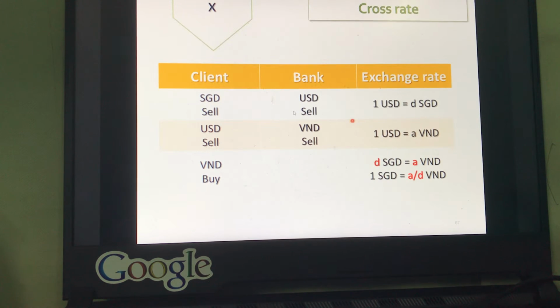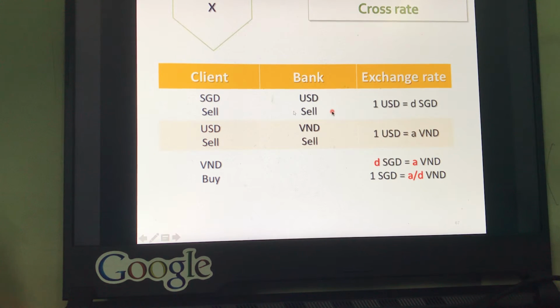on the market, we have the exchange rate of the USD against dollar Singapore, right? So in the exchange rate of USD against the dollar Singapore, USD is the commodity currency, dollar Singapore is the term currency. So which exchange rate applies here?